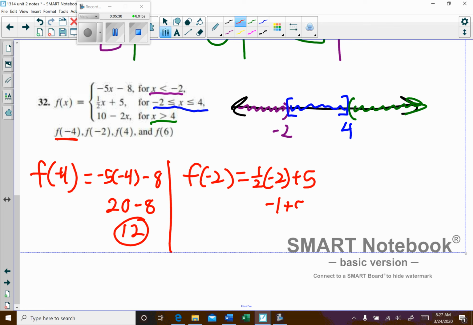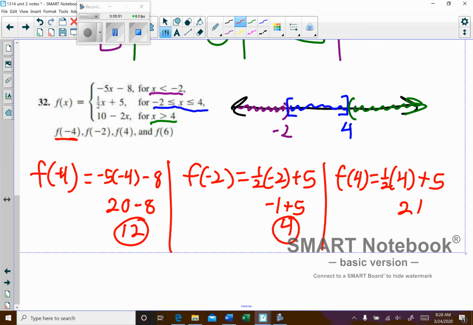So negative 1 plus 5 is 4. And then f of positive 4. Once again, it's right here between the two intervals, but the blue one has the bracket. So we're going to plug it into that middle one again. So f of 4 equals 1/2 times 4 plus 5. So we're going to get 2 plus 5 equals 7.